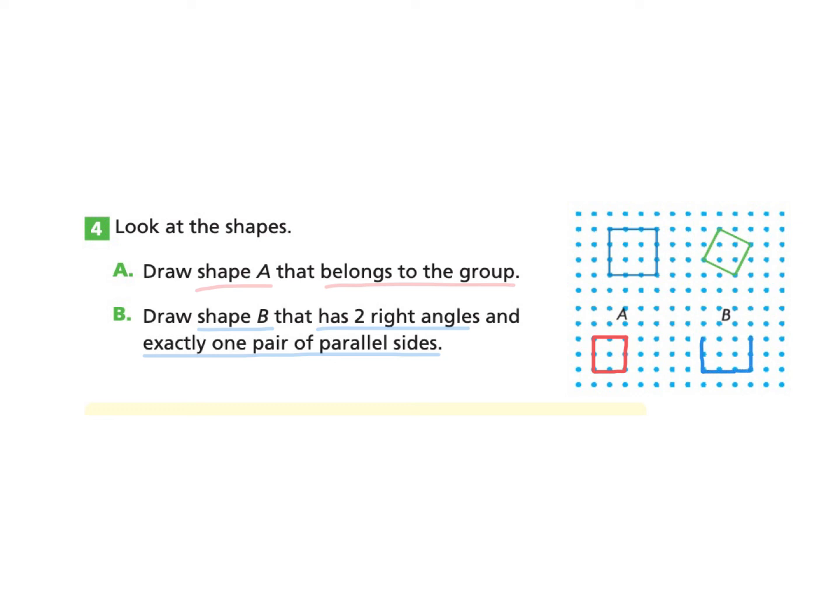So I've drawn a right angle here and a right angle here. And then I'm going to make this side a little bit longer. I'm going to make a line connecting from here to there. So now I have created a shape that has 2 right angles and only 1 pair of parallel lines, which would be here and here. These 2 would not be parallel.